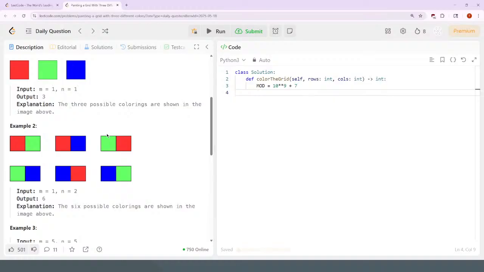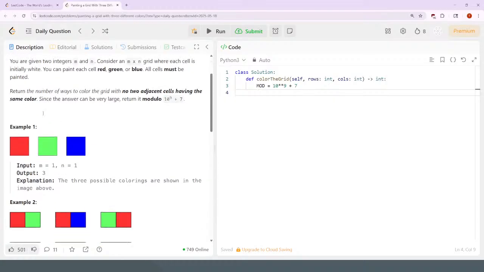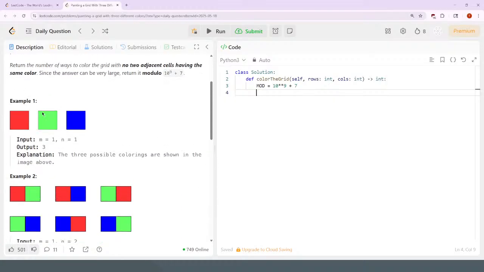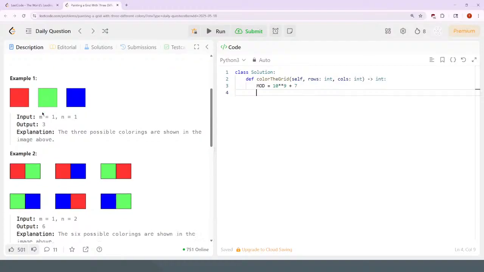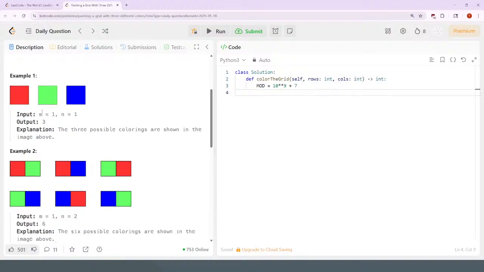So if you have like 2 rows and 1 column, how does it relate to 3 rows and 1 column? Or 2 rows and 1 column, how does it relate to 2 rows and 2 columns? I think you probably need to know the number of ways to color up to a certain point, and also the last color that was used, so that the next cell is not the same color.